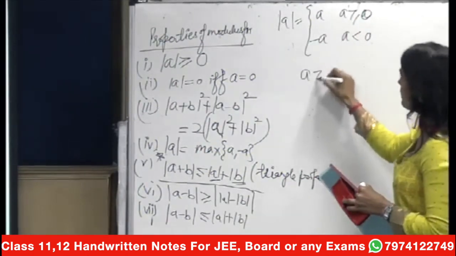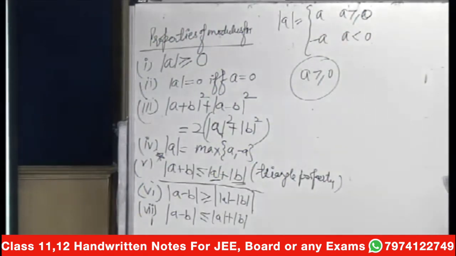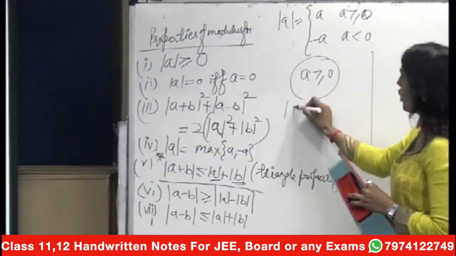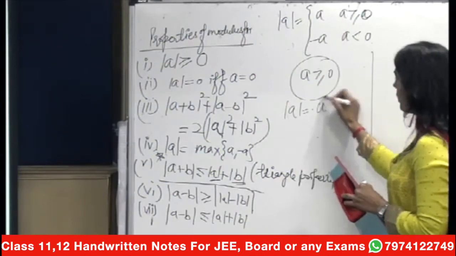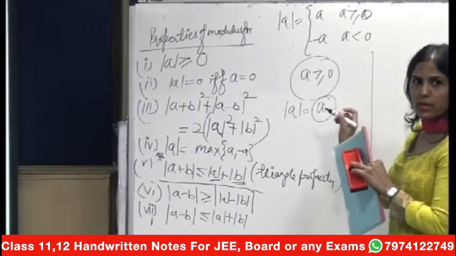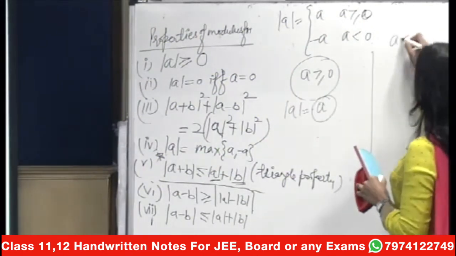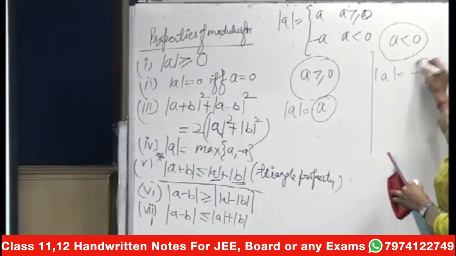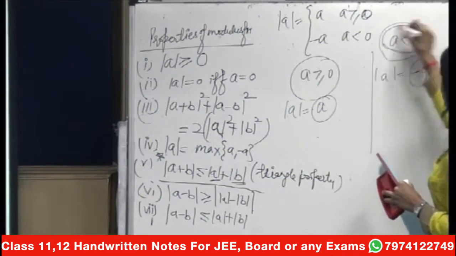Just take this, because first you will define your real number, whether it is positive or negative. So for a greater than or equal to 0, your mod a will be a, and this is the maximum of a and minus a. Now take a less than 0. Your mod a will be negative, and this is basically what?